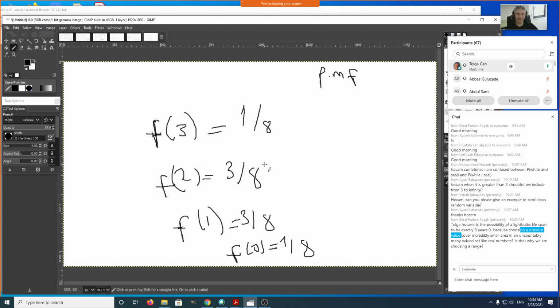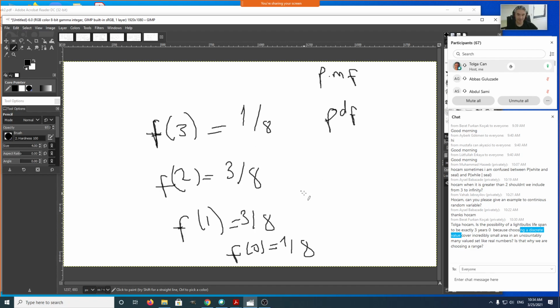In the case of continuous random variables, this function f has a counterpart called the probability density function, and it will not give us the probabilities directly. For example, it will have a non-zero value.